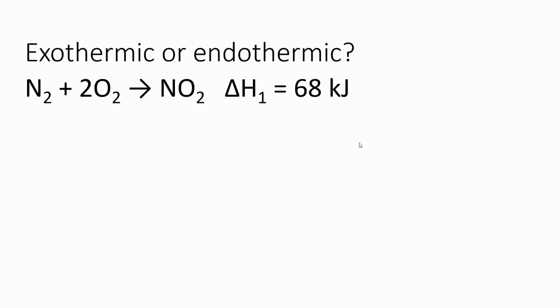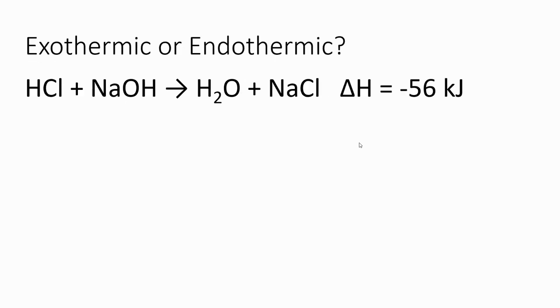Looking at this chemical reaction, we have a heat of reaction of 68 kilojoules. Is this endothermic or exothermic? Is this positive or negative? Positive, so that means we had to add energy. It's positive, we added energy, so that's going to be endothermic. How about this one? We have a negative heat of reaction.